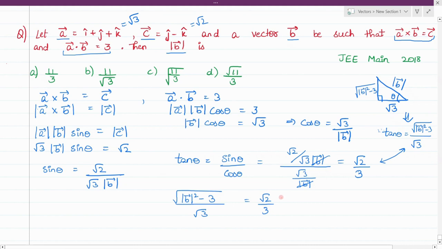Just do squaring on both sides. It becomes magnitude of B square minus 3 over 3 equals 2 by 3, right? Okay. From here, magnitude of B square becomes 2 by 3 plus 3, that is 11 by 3. Therefore, magnitude of B becomes under root 11 by 3.